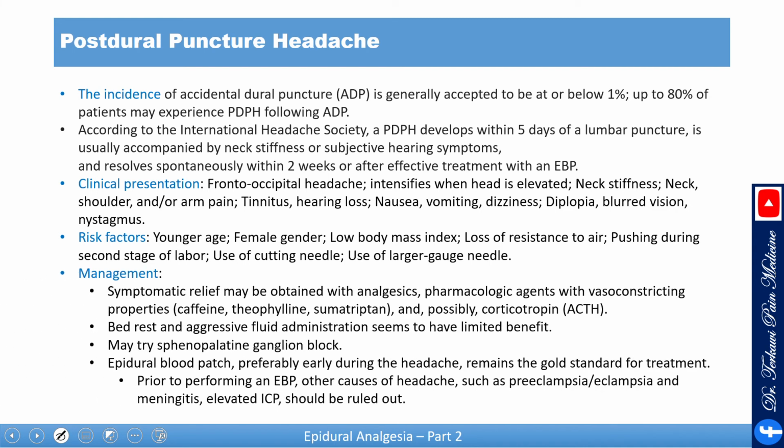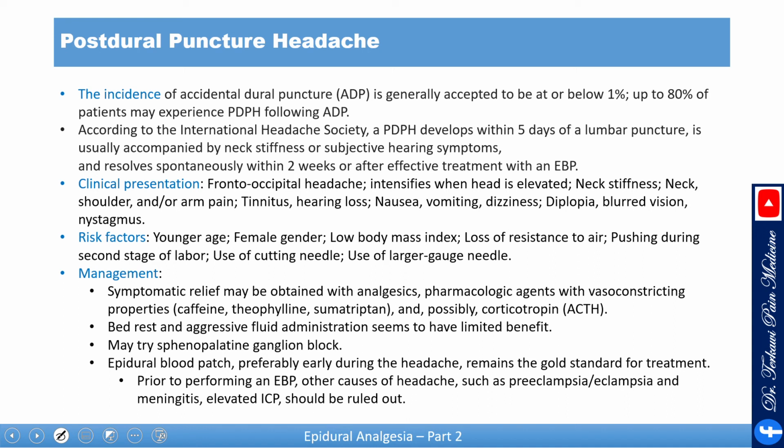Management: usually we start with symptomatic relief with analgesics, and pharmacological agents with vasoconstricting properties like caffeine, sumatriptan, and possibly corticotropin. Bed rest and aggressive fluid administration seem to have limited benefit.